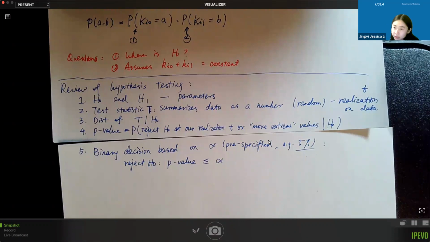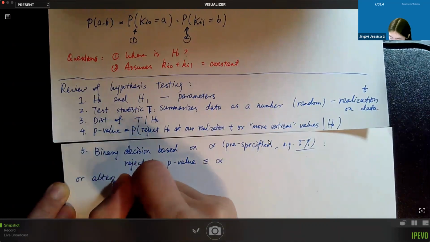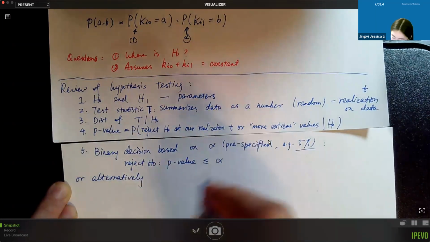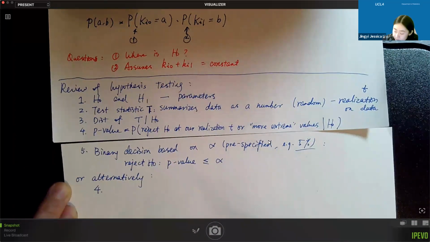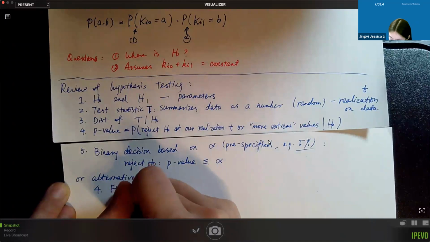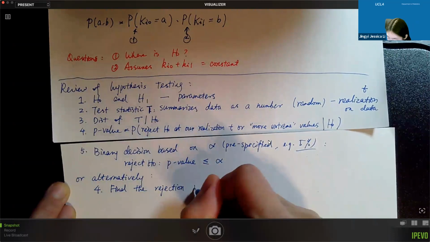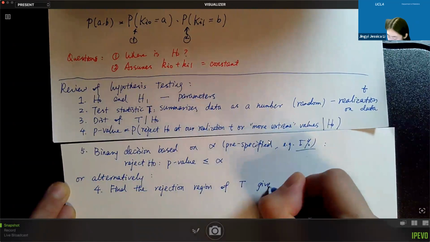But one thing I want to make sure everyone is aware of is that there is an equivalent way of doing hypothesis testing without using p-values. Alternatively, you can do step 4 without the p-value conversion, and instead find the rejection region of t given alpha.